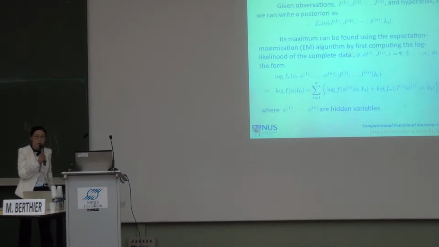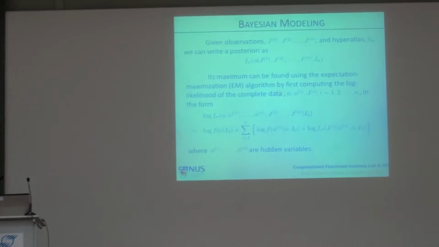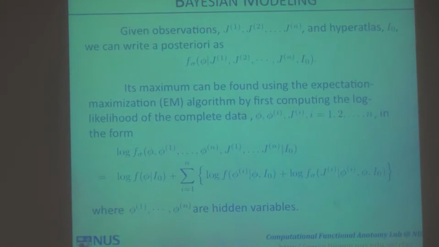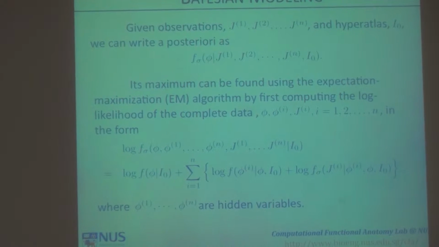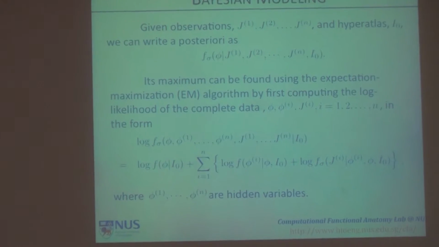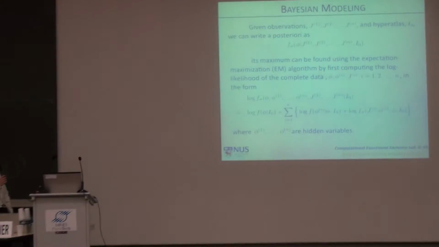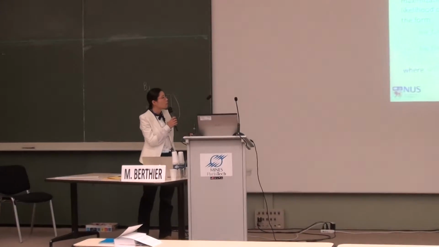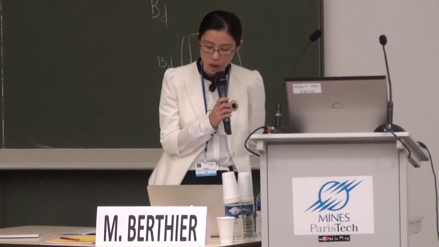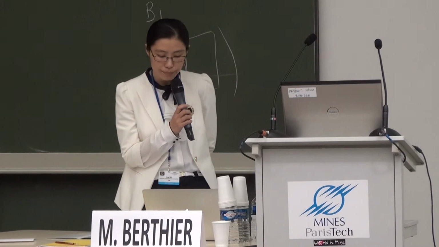To give you a more mathematical formulation: given the observation of n ODF images in R3 space, and we also know the hyperatlas, which is I0, we can write a posterior as f theta, which is phi, given our observations and also the hyperatlas.